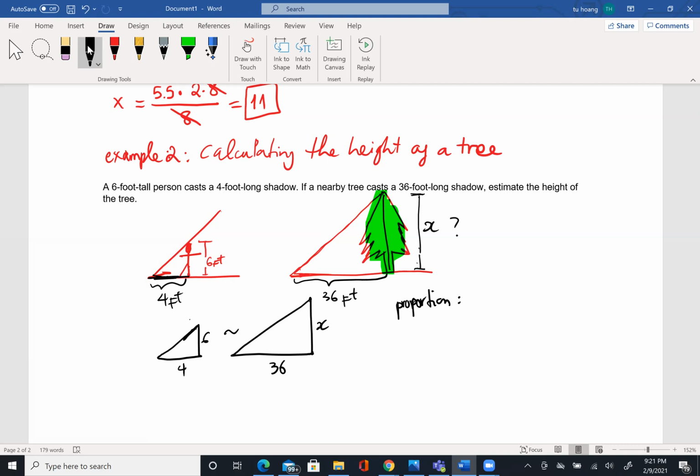So I put the x on the top, divided by 6. That would be the height of the tree, right?